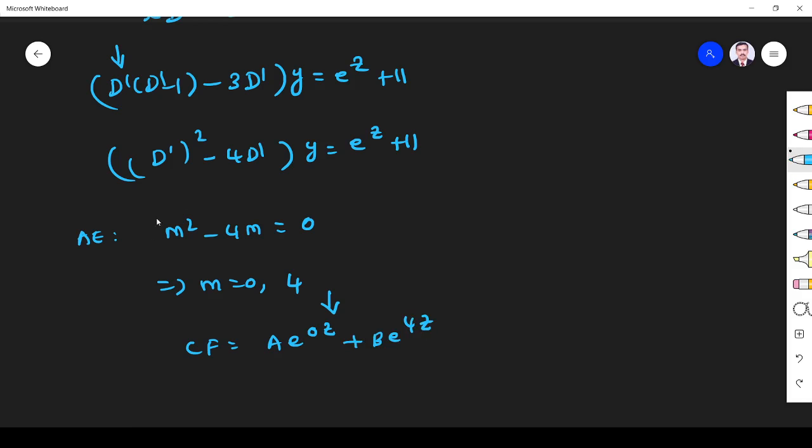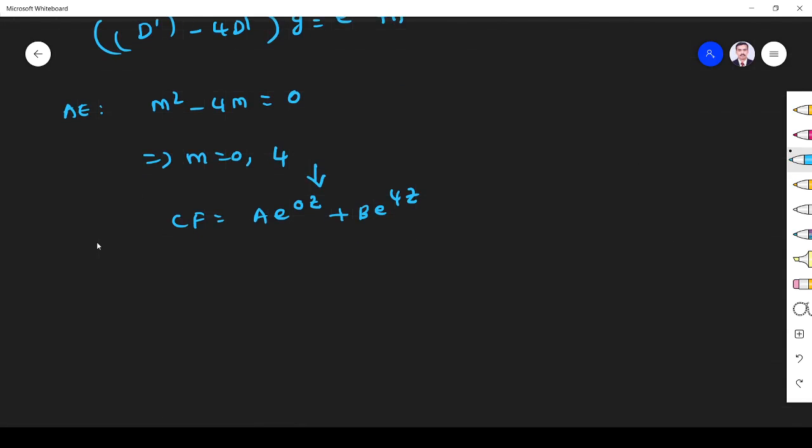The roots are real and different. Next we find PI. PI is 1 by d dash squared minus 4 d dash times e power z plus 11.